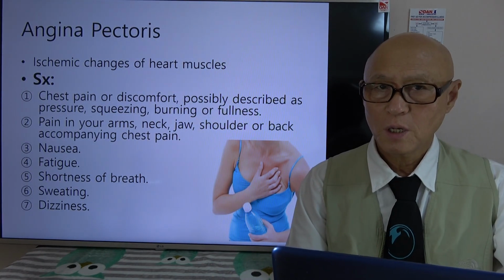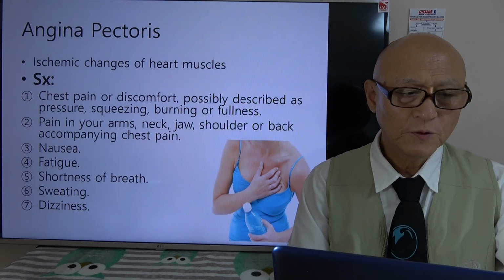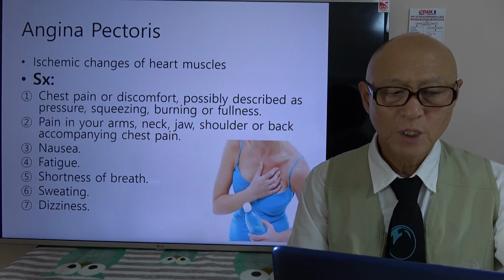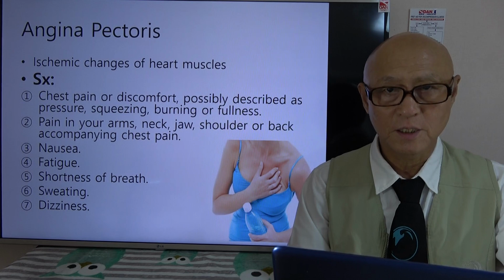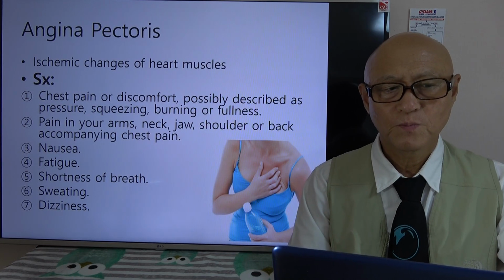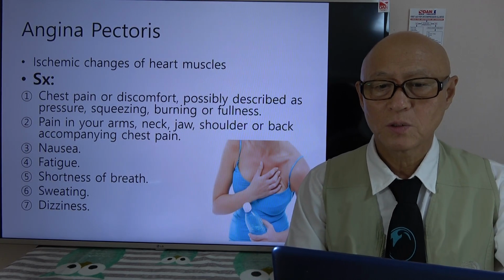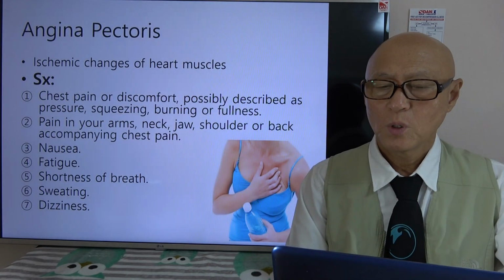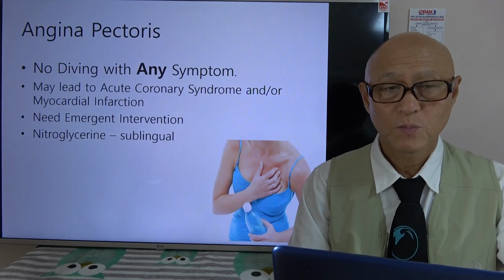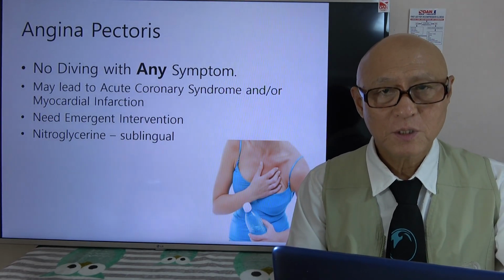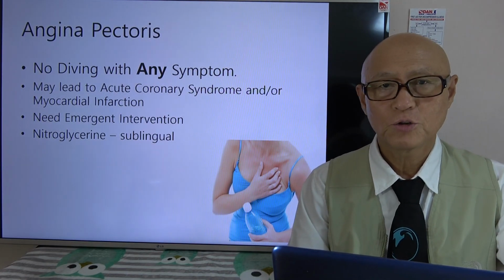We feel nausea, fatigue, we can't breathe well, sweating, and dizzy. So these are the symptoms of angina pectoris, and if you have the symptom, absolutely you should not dive.